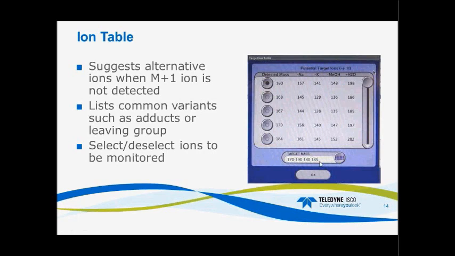Likewise, if I don't see my target mass or I want to put in a mass range, I simply click on the keyboard button here, and it brings up my number pad, so that I can enter a target mass range. Once I click OK and close this screen out, and then close the method development screen, all of those values are automatically loaded into the system, and it's ready to run.